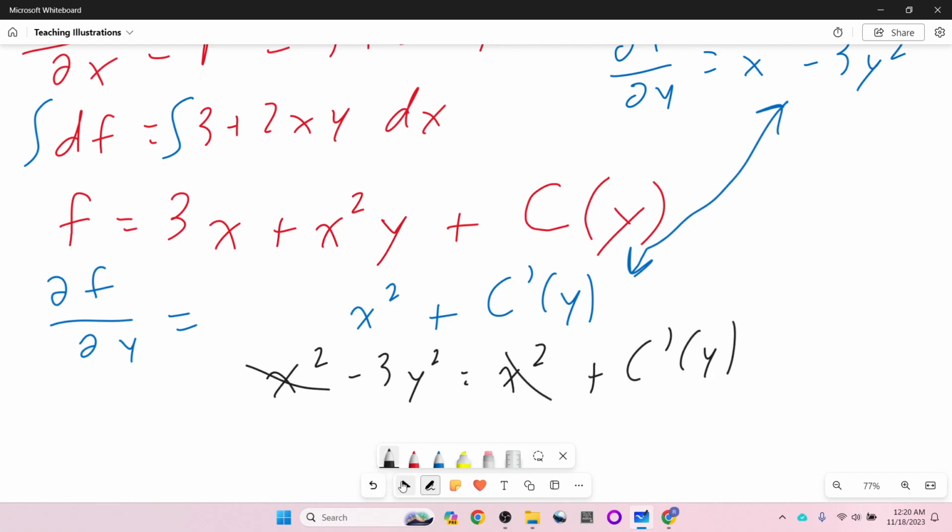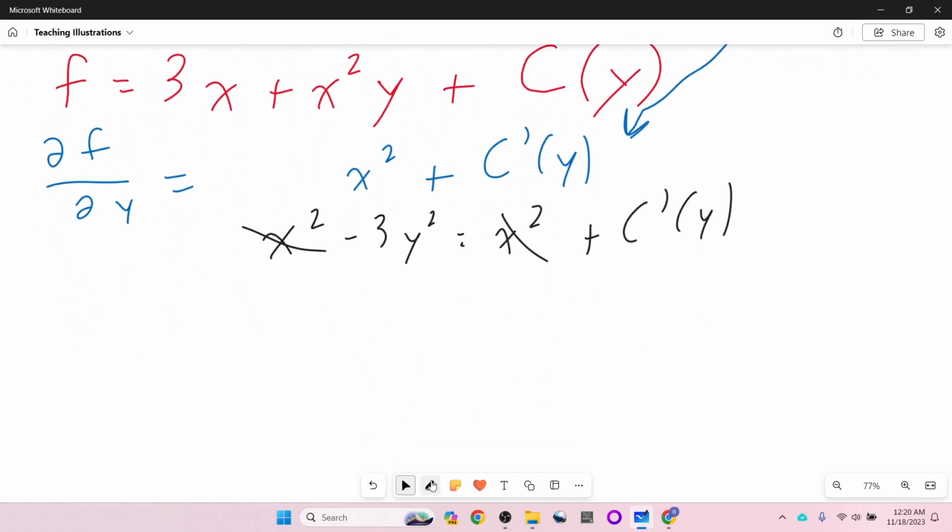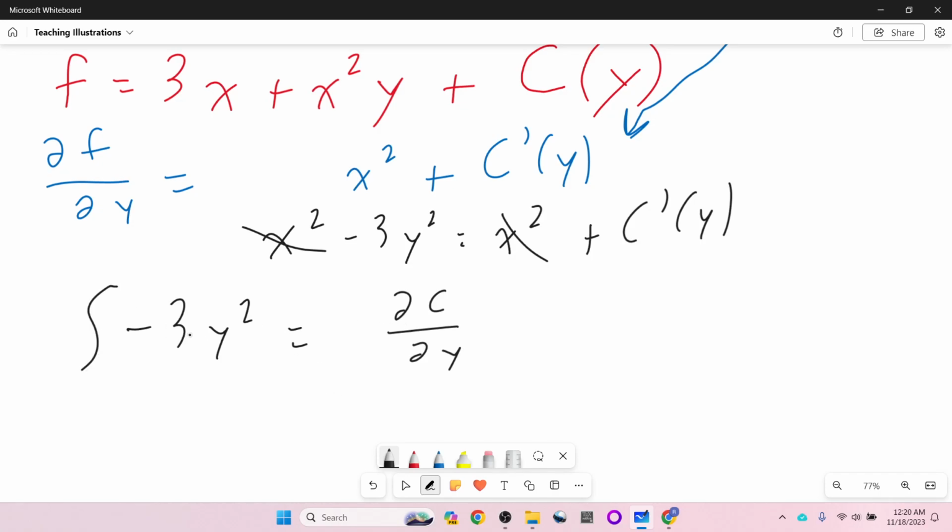Those are gone. So, negative 3y squared equals del c over del y. So we'll do the integral. We'll put the dy there. So c equals negative y to the third plus constant d.